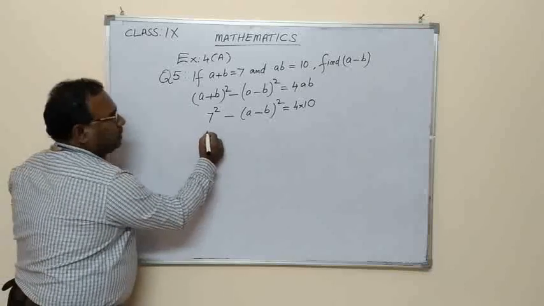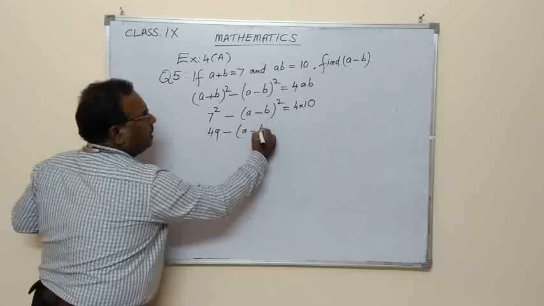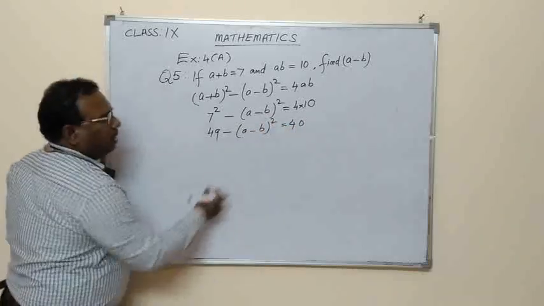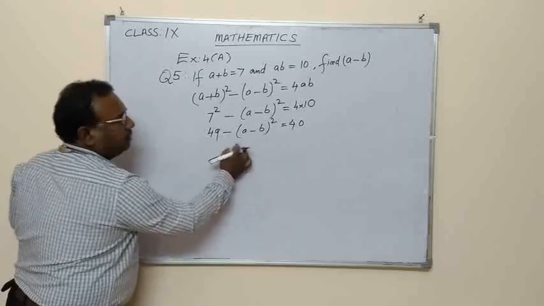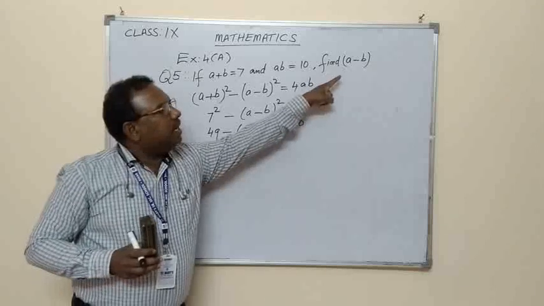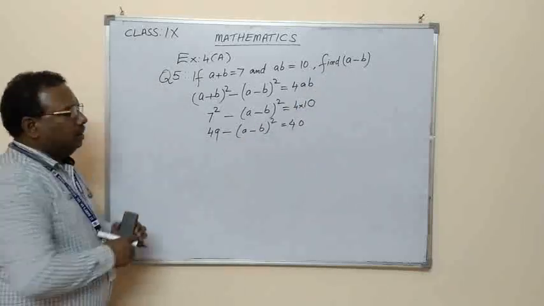Again it becomes 49 minus (A minus B) all square is equal to 40. You can see this term is a negative term. We have to find the value of A minus B. Here it is minus (A minus B) all square.